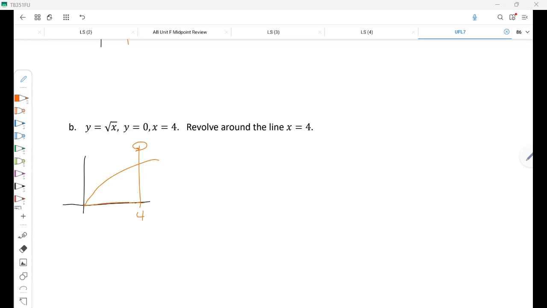Y's, right? So we should be in a dy situation. So we have to take y equals square root of x and rewrite it as x equals y squared. We've got to use y values. So this is clearly 0. That's why they gave us y equals 0 in our problem. That's a bound. And what's the point here? 4 comma.